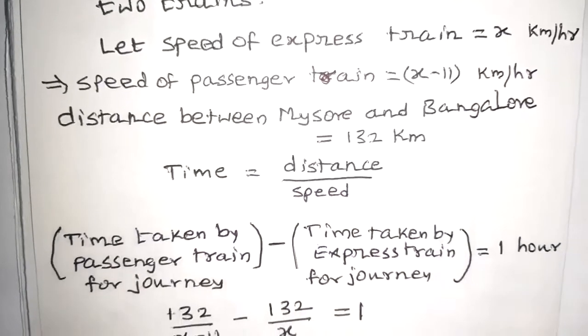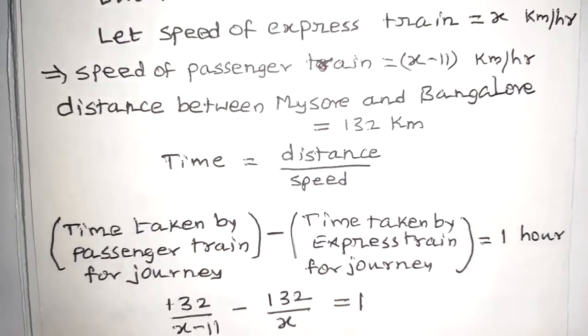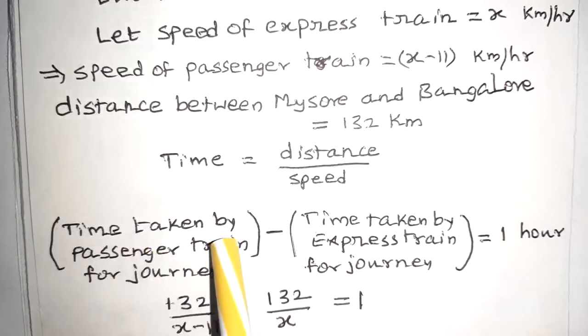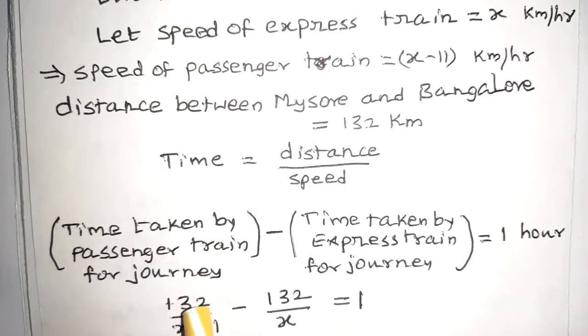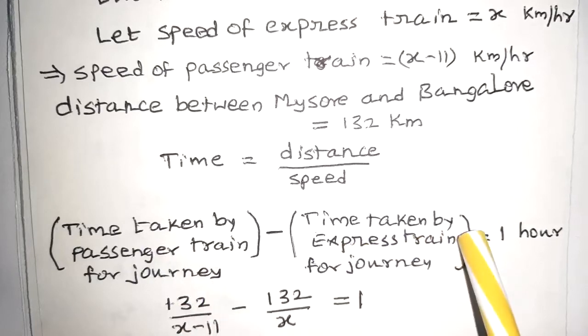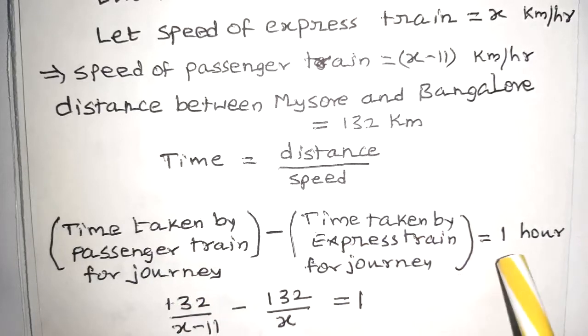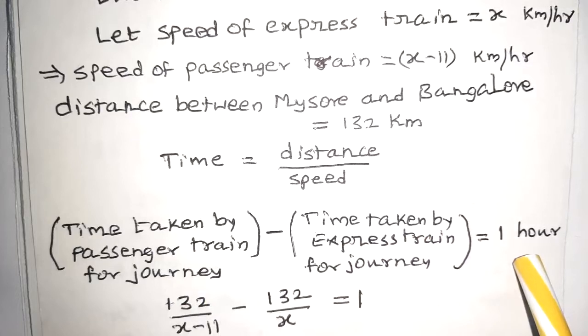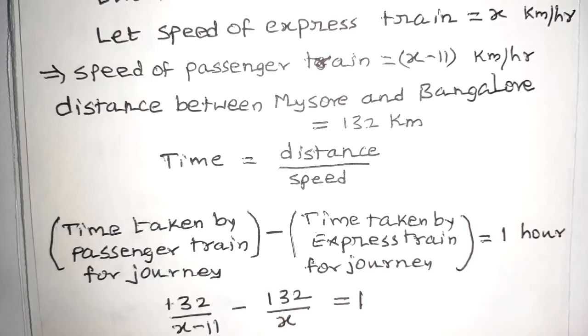Now, the given condition is time taken by passenger train for journey minus time taken by express train for journey equal to 1 hour. That is, time is distance by speed. Distance is 132 kilometers. Speed is x minus 11. This is for passenger train.